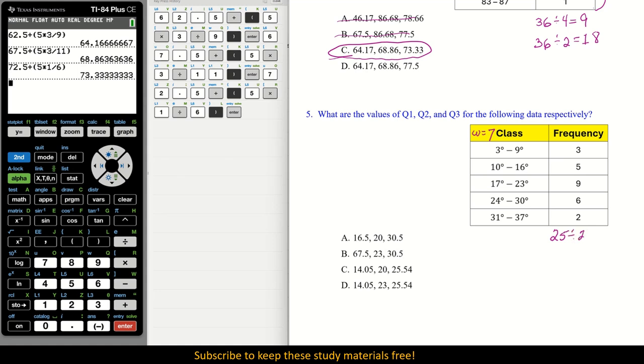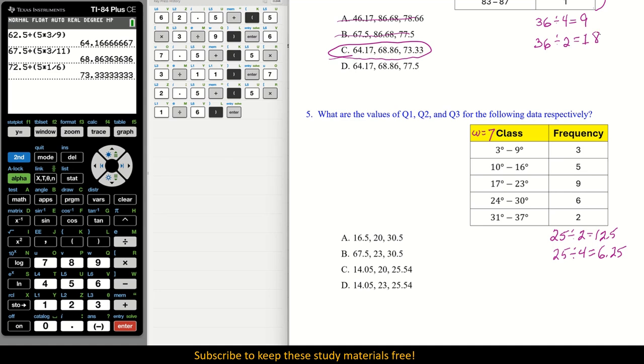And if we divide that by 2, we get 12.5. And then if we take 25 and we divide that by 4, we get 6.25. Okay, so what that does for us is it gives us somewhere to start.